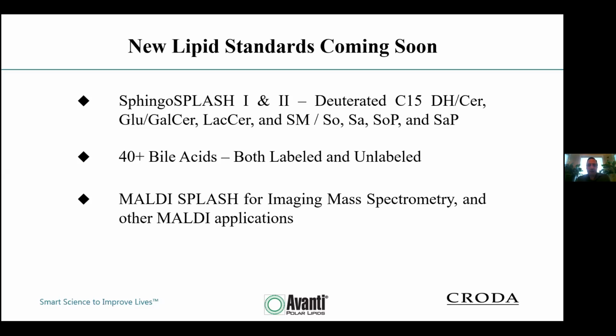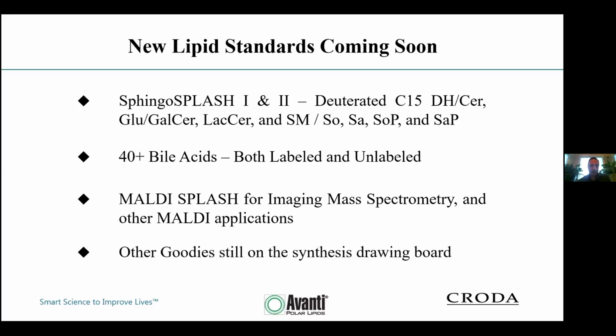And then, also mentioned previously, we're coming up with a multi-SPLASH that's specific for imaging mass spectrometry and other MALDI applications. I think I saw Tucker on the line, and Tucker might be able to address any questions regarding that. And we still have other goodies that are still on the synthesis drawing board. So there's still more to come, and we're still working.